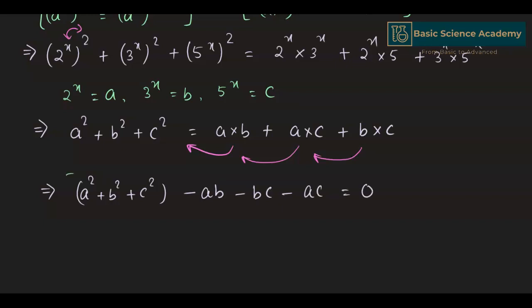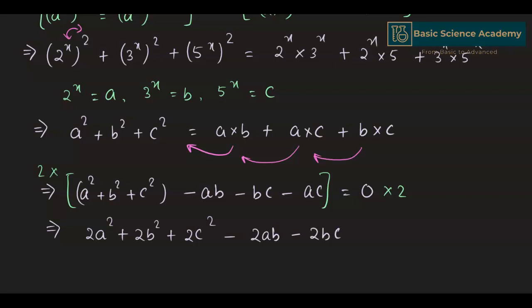Now, multiplying the whole equation by 2 gives us 2a square plus 2b square plus 2c square minus 2ab minus 2bc minus 2ca or 2ac is equal to 0.